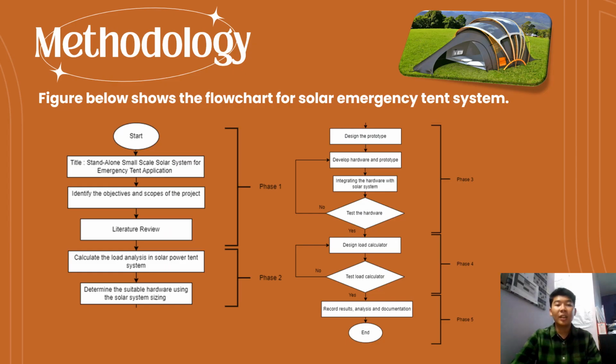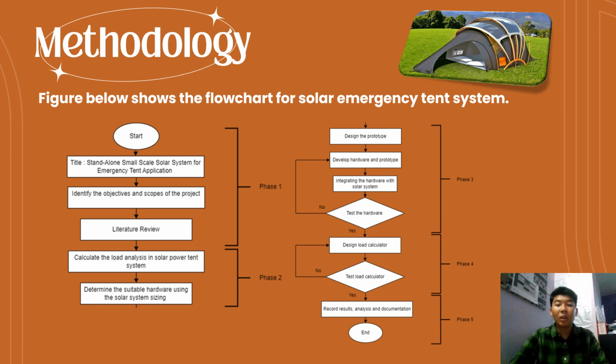Next is the flowchart of the project timeline. It is divided into 5 phases. For the first phase, we proposed the project title, which is the standalone small-scale solar system for MGC10 application, by identifying the objectives and scope of the project and doing the literature review. For the second phase, we calculate the load analysis in the solar power tank system and also determine the suitable hardware used for the solar system sizing.